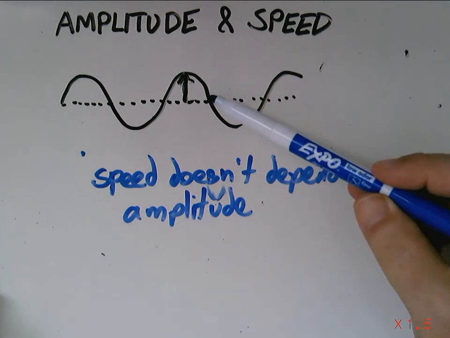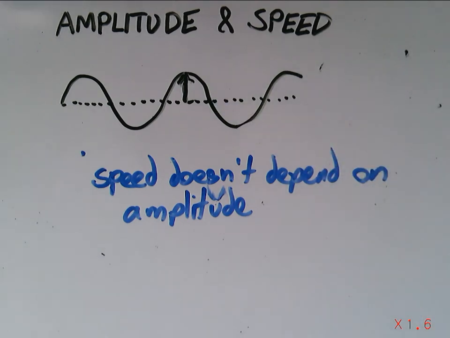So however high you make the peaks or low, that doesn't affect how fast the wave is moving. Those two things are independent of each other. So if you've got a tsunami moving across the ocean, that's going to be moving at pretty much the same speed as an ordinary ocean wave.